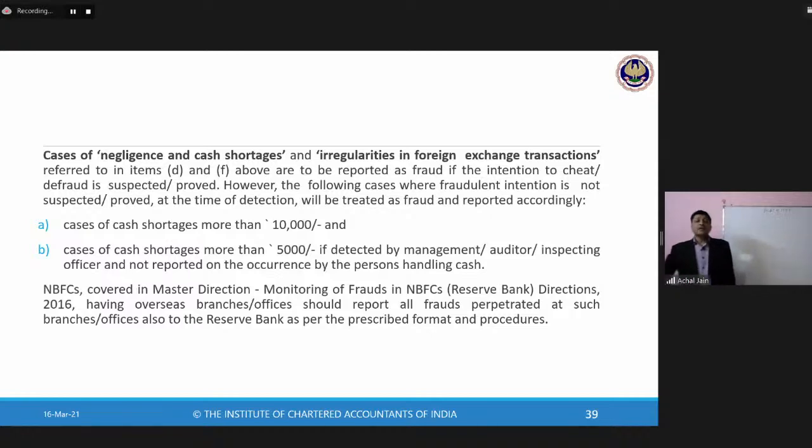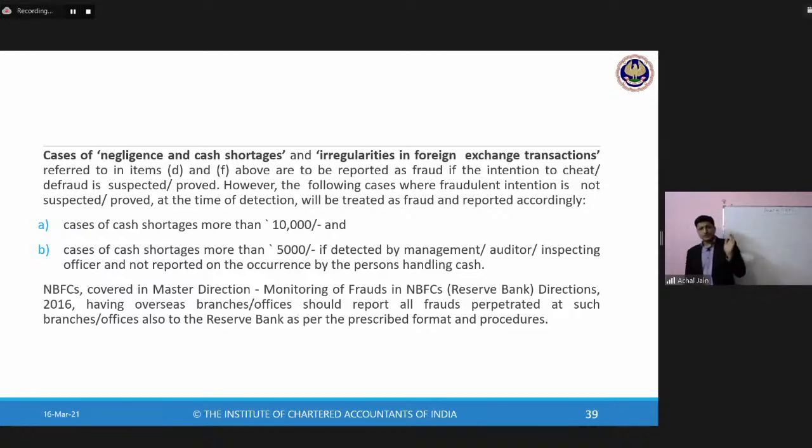NBFCs having overseas branches or offices, meaning outside India, should report all frauds perpetrated at such a branch or office to the Reserve Bank as per the prescribed format and procedures. So in respect of those foreign branches and offices, all the frauds are required to be reported to the Reserve Bank.